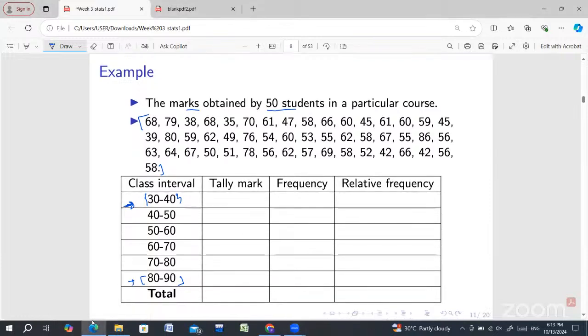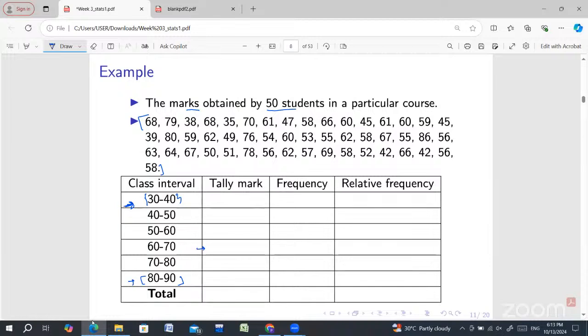Okay. So here you can see that we have divided the whole data set into classes, and the class width is 10. So 30 to 40, 40 to 50. Now if you see the data set, the first value is 68, right? So 68 will belong to which class? Anyone can tell? 60 to 70.